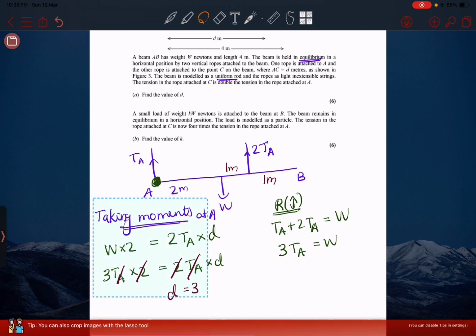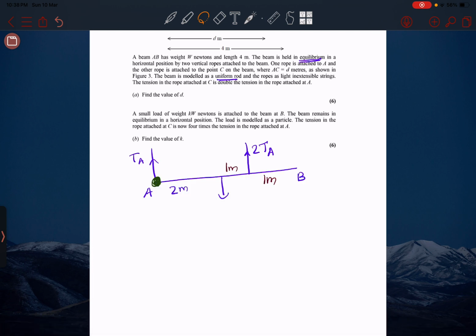Right, moving on to part B. Now in part B, it says a small load of weight kW newtons. It says newtons, which means I'm not multiplying the mass by g. It is just the weight, so that's kW.